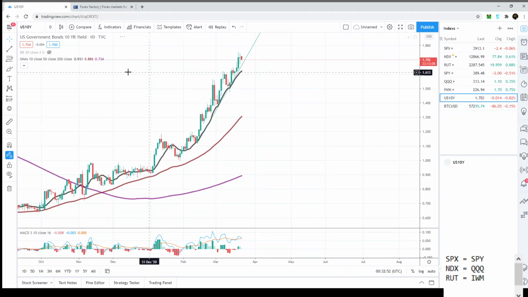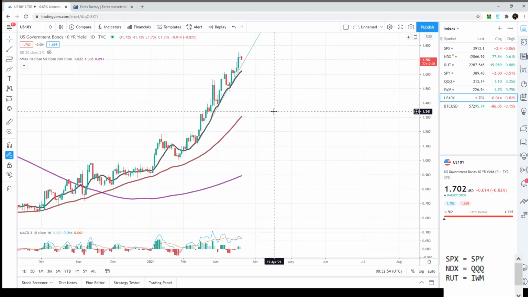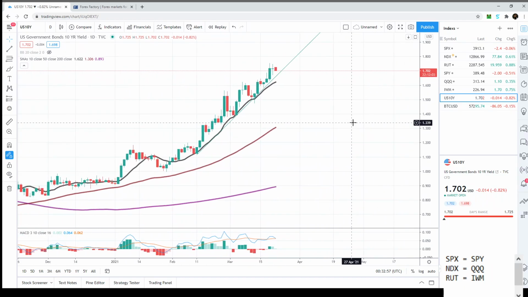So one more thing I want to share was the 10-year yield, right? Recently, obviously everyone was looking at the 10-year yield in correlation to the Nasdaq, but I would argue that in the past week, the Nasdaq and the 10-year yield haven't had as strong a correlation. The correlation started to weaken.